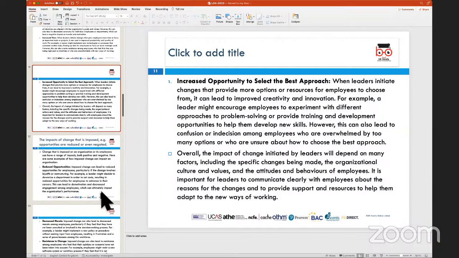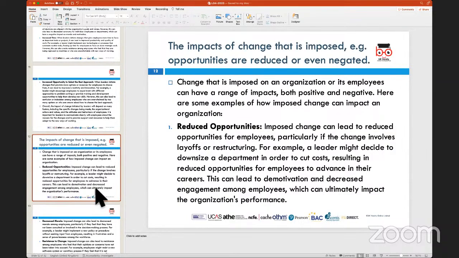So this tends to be why leaders would want to initiate a change primarily in a running organization.